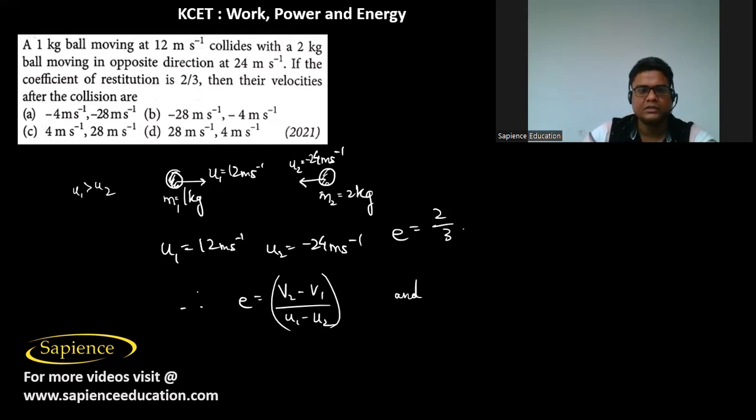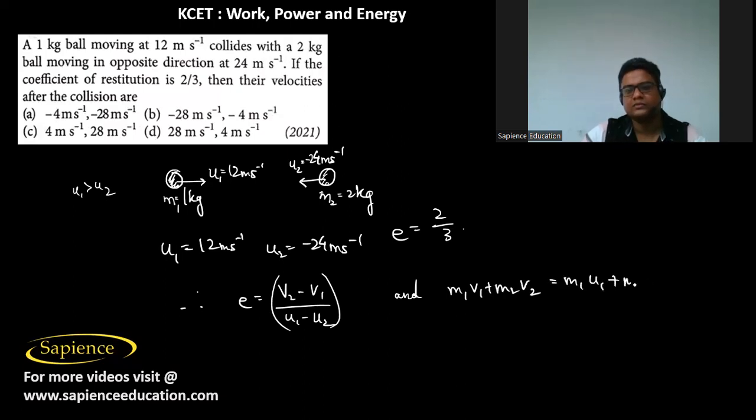And we also should apply the conservation of momentum, that is m1 v1 plus m2 v2 is equal to m1 u1 plus m2 u2. So here v1 and v2, we are saying that these are the velocities after the collision. So v1 and v2 only we have to find.